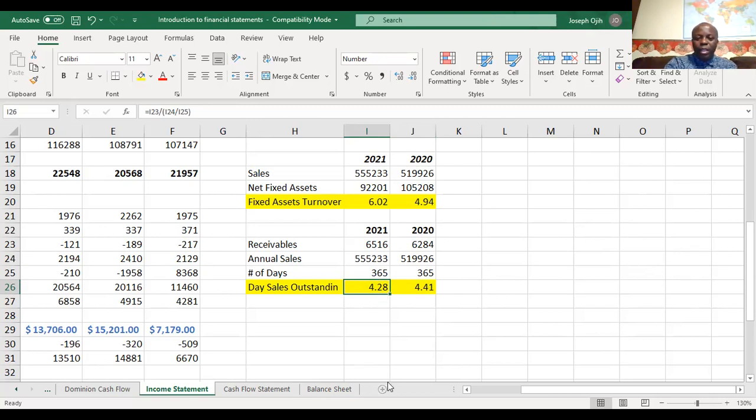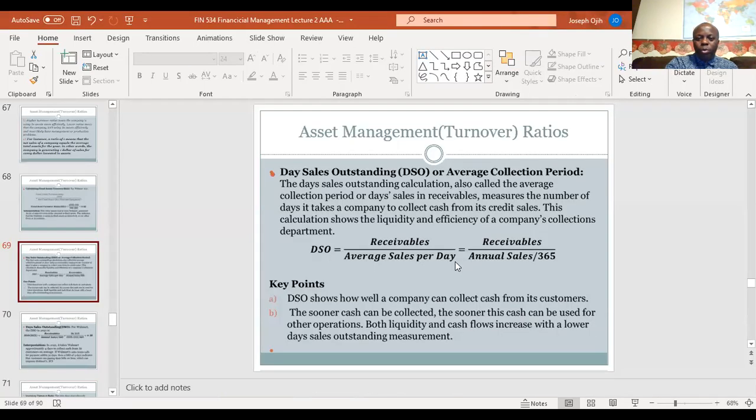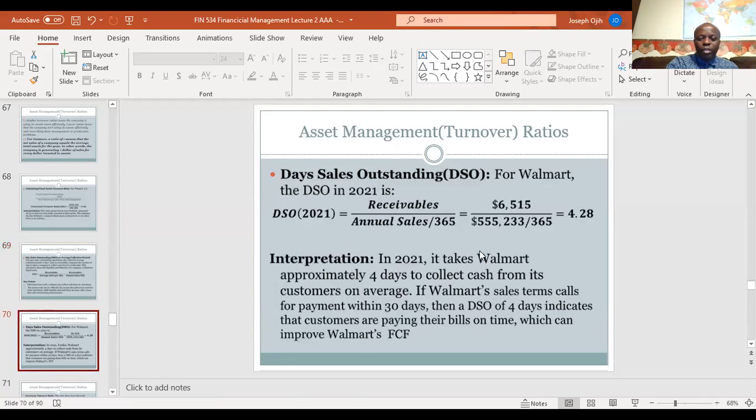Now, these results for Walmart for 2021 of 4.28 show that in 2021 so far, it took Walmart approximately 4 days only to collect cash from its customers.